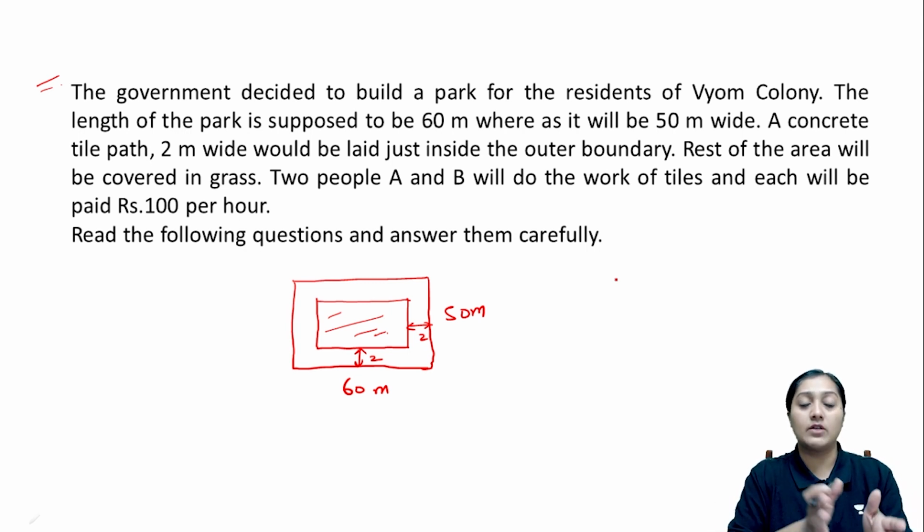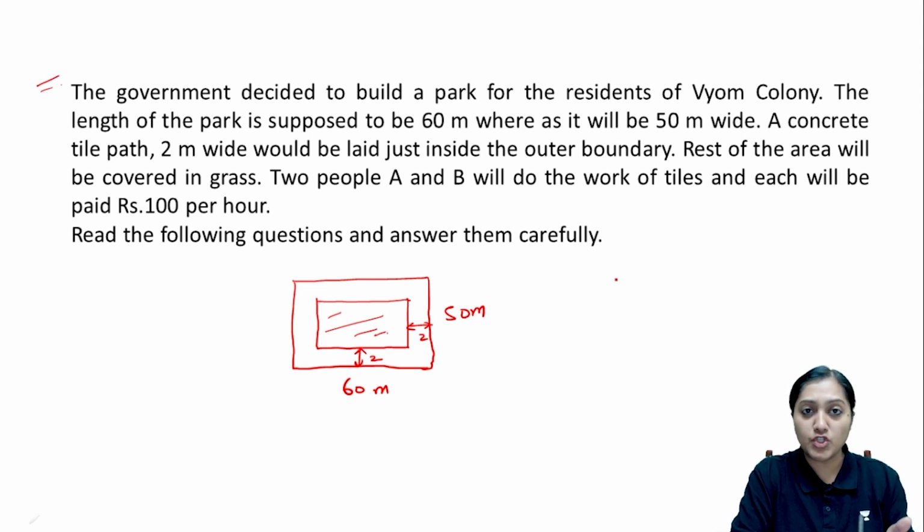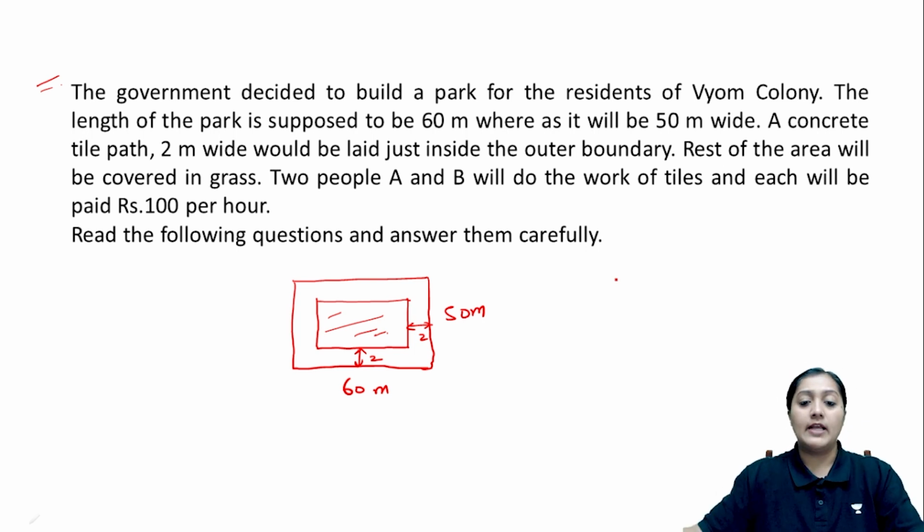You know, some of the time it happens that कुछ data ऐसा हो सकता है दिया हो जो आपको कहीं ना कहीं question में use भी ना करना हो. Let's see what is there in the question. इस तरह का question है. Now remember, if we have this कि यार 60 meter is the length of the park, then can you tell me the actual length of the park or the grass covered area, what it would be?